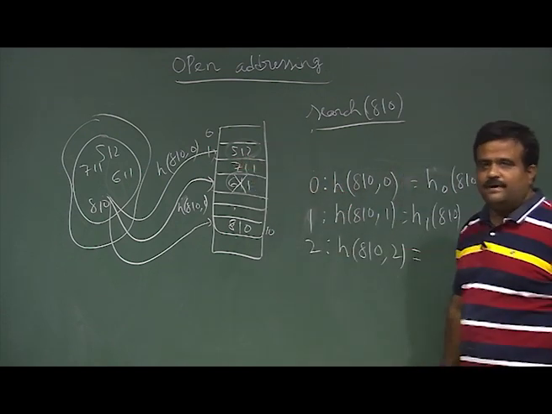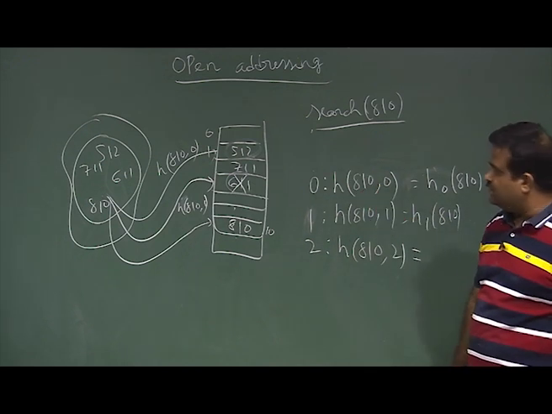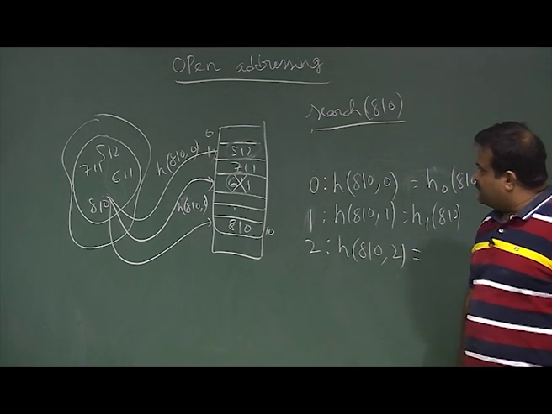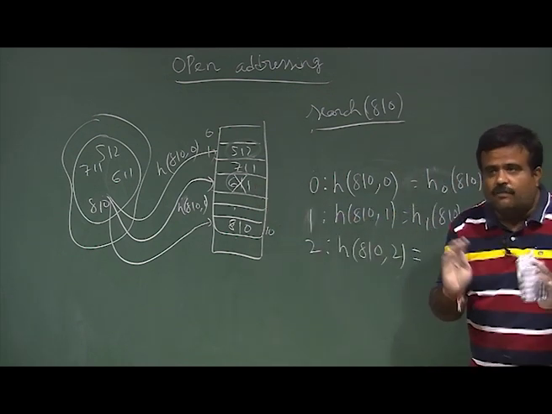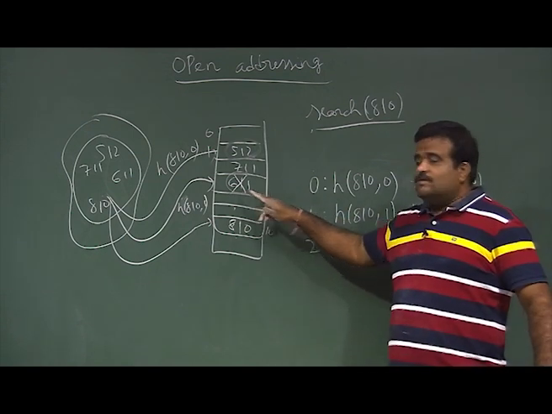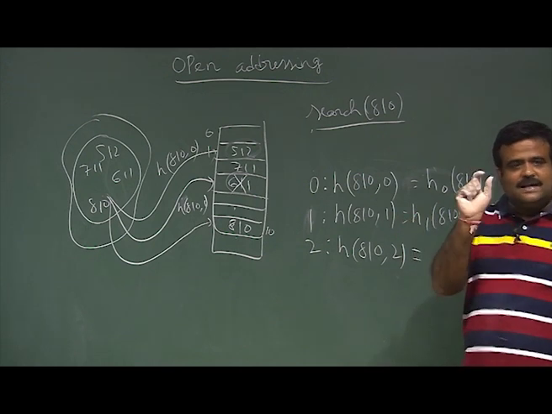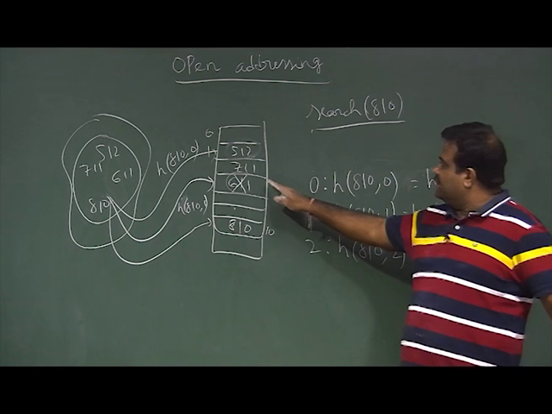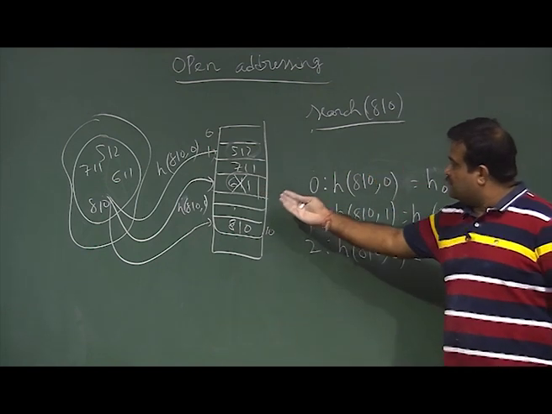We check 512, which is not matching 810, then we go for the next probe, and it is hitting an empty slot, so we stop. But this is not correct, because it was not originally empty, somebody was there, but it got deleted. So, that information has to be kept somewhere here in a single bit, so that we can go further.